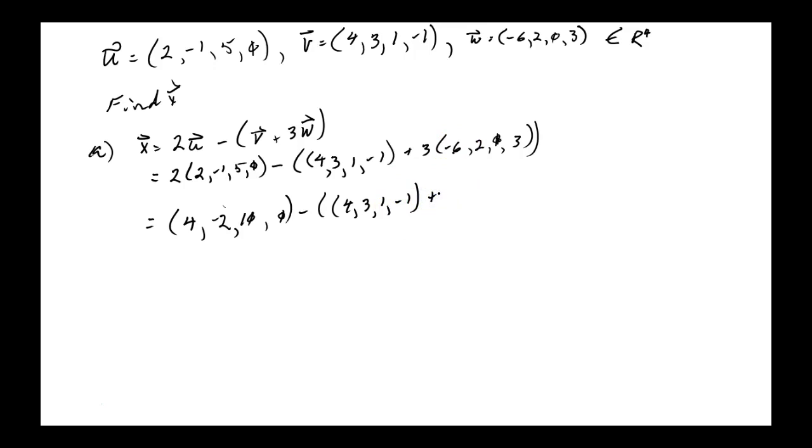Plus, and that is a plus, right? And what would this be? 3 times -6 is going to be -18. 3 times 2 is 6, 0, 0. 3 times 3 is 9.